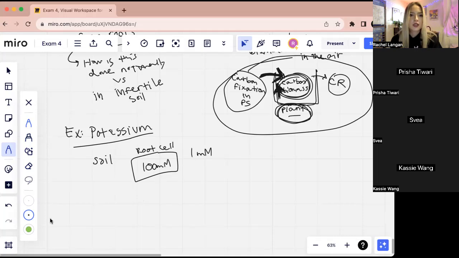101. So first thing you should feel comfortable doing is calculating the ECG. So let's say, calculate potassium ECG.